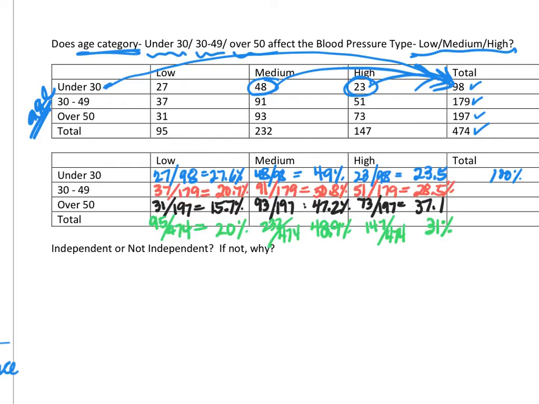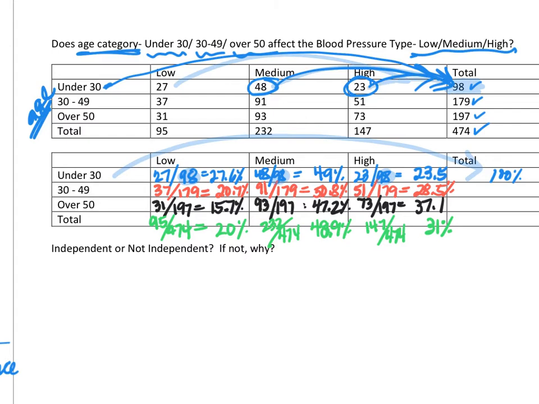All right, so let's take a look at this problem. I did my fractions. So I want you to notice that because we went from left to right in the under 30 category, my denominator was this 98 every single time. And then I did the low, the medium, and the high.